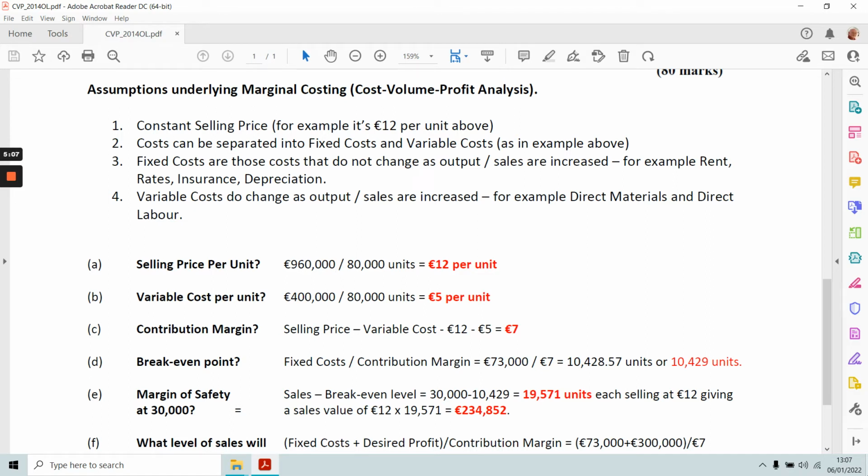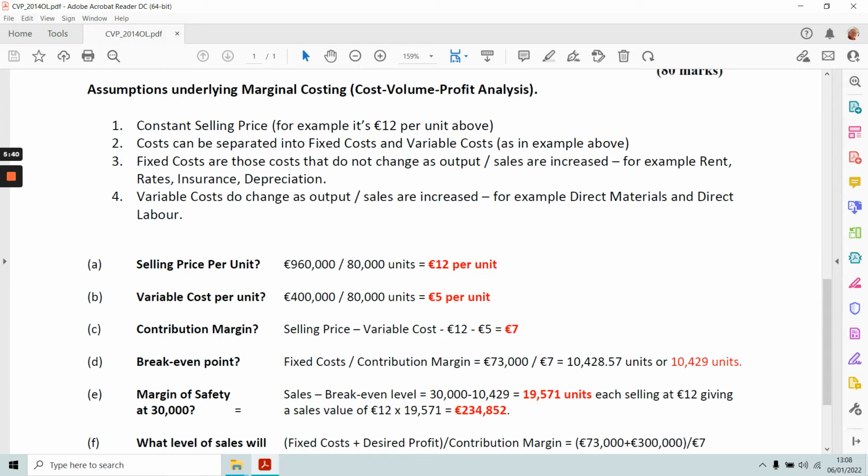So every unit we sell will sell for €12, and out of that will come €5 for our variable costs, leaving what's called the contribution margin left over. Contribution margin is our selling price less variable cost. 12 less 5 gives €7. Every unit we sell at €12, well, the first €5 will be used up to cover our variable costs, and that will leave us with €7 remaining to contribute towards whatever comes next.